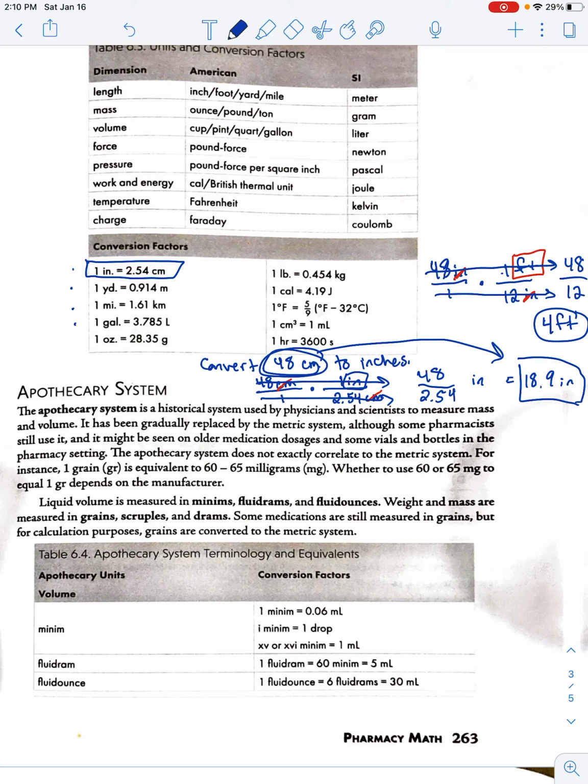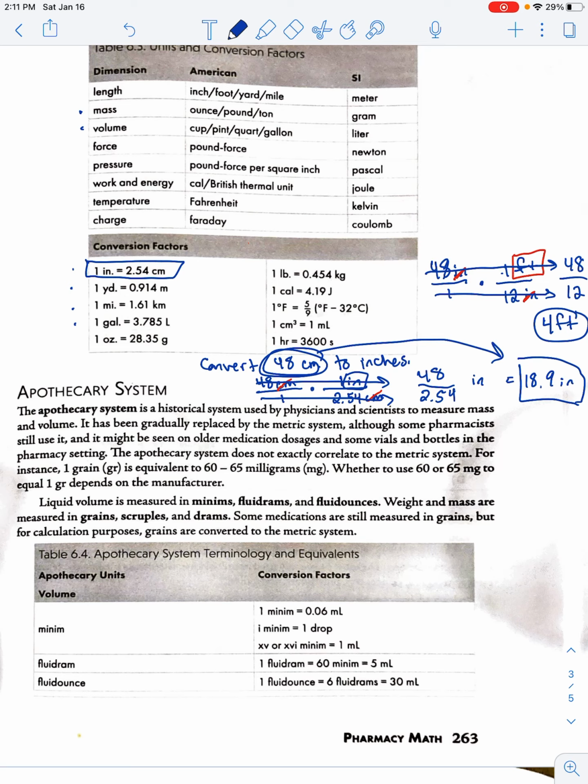Now, the ones that you're going to use most often in pharmacy are going to be the units involving mass and volume. And you can probably figure why. When you're thinking about medications and prescriptions, it's often important to know how much of that medication or prescription there is, in terms of how much it weighs or in terms of how much it fills, the volume.